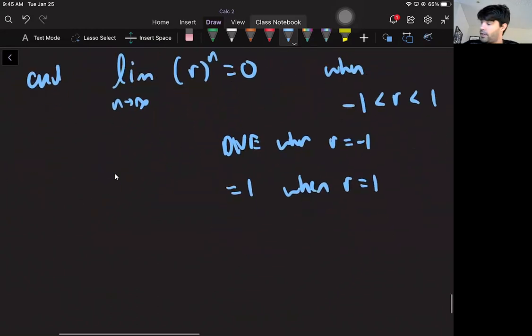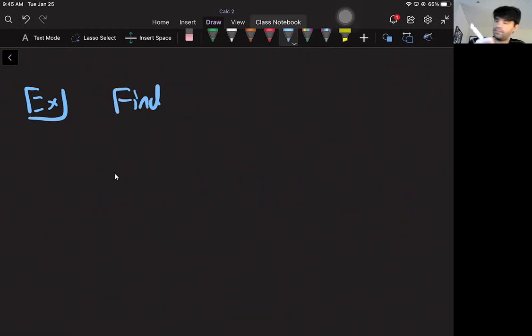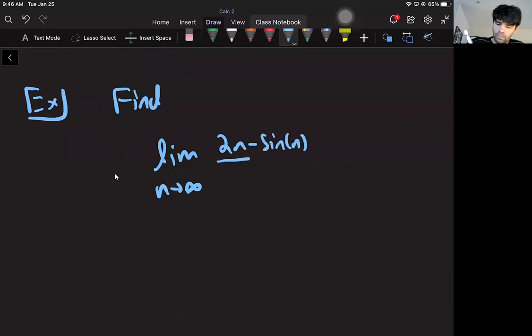Okay, so I want to do one more example of the squeeze theorem. Instead of writing this sequence, I'll just jump to this. Let's find this limit. And see what we can do here.